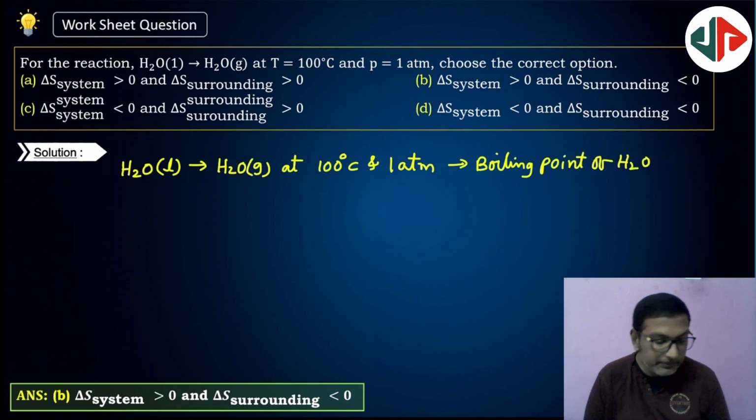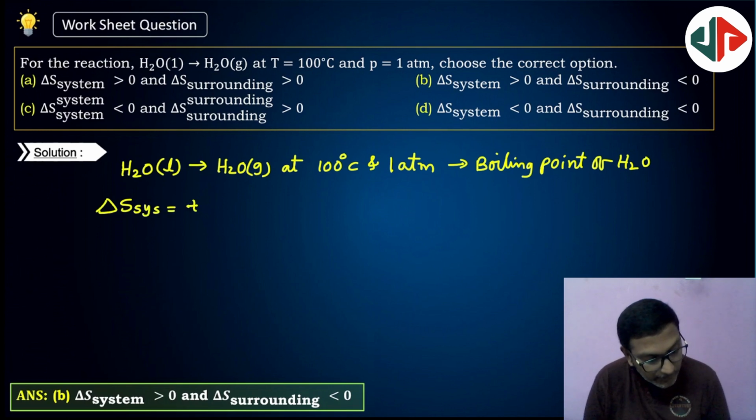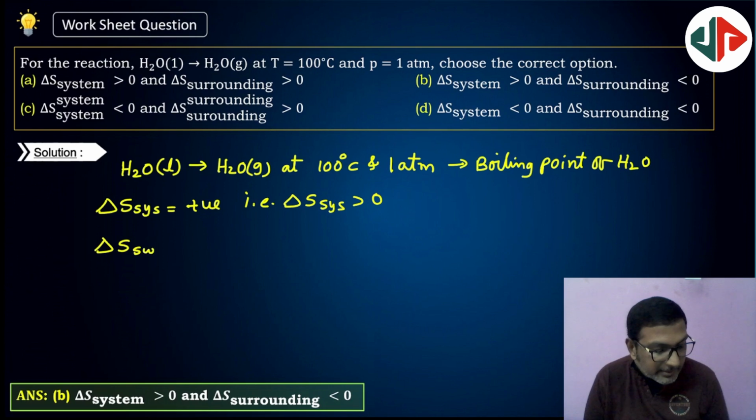So at boiling, heat will be absorbed by liquid water. Therefore, delta S of system increases, positive. So obviously, delta S of surroundings will be negative, or delta S of surroundings less than 0.